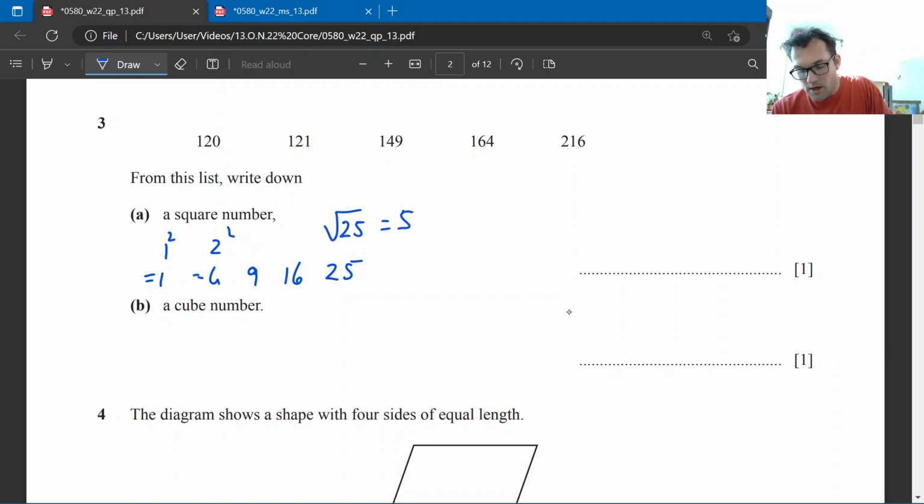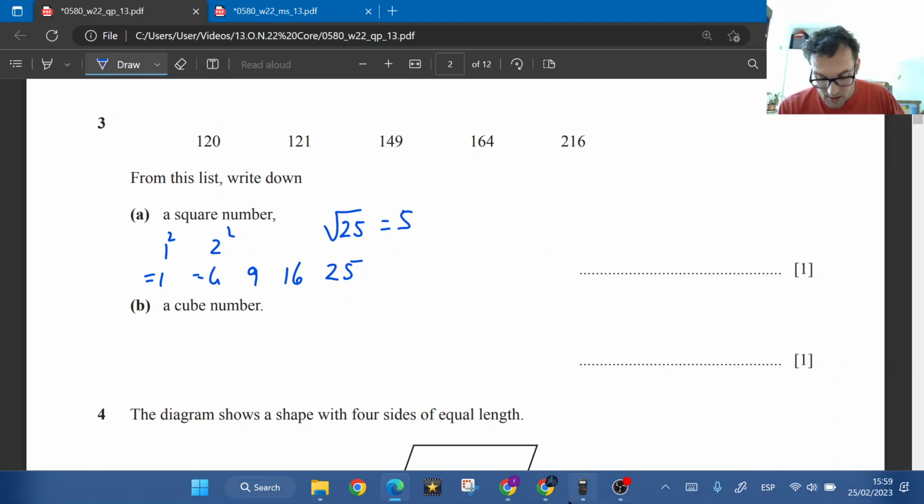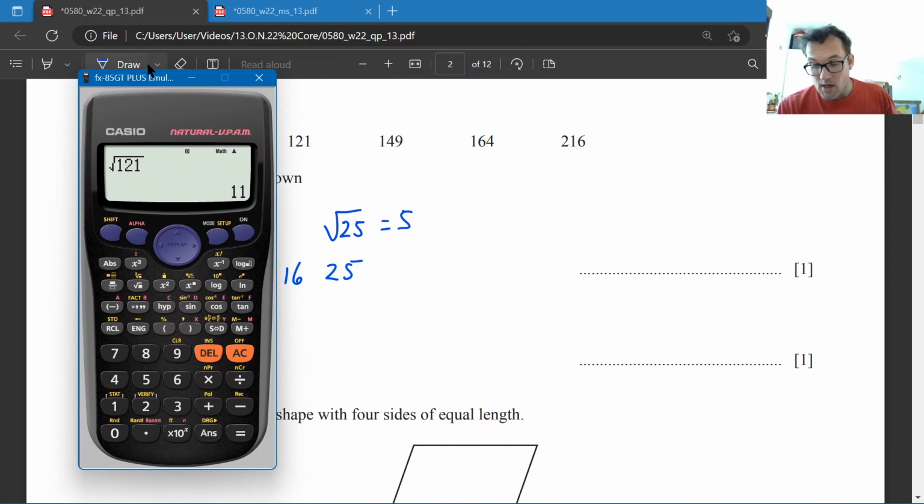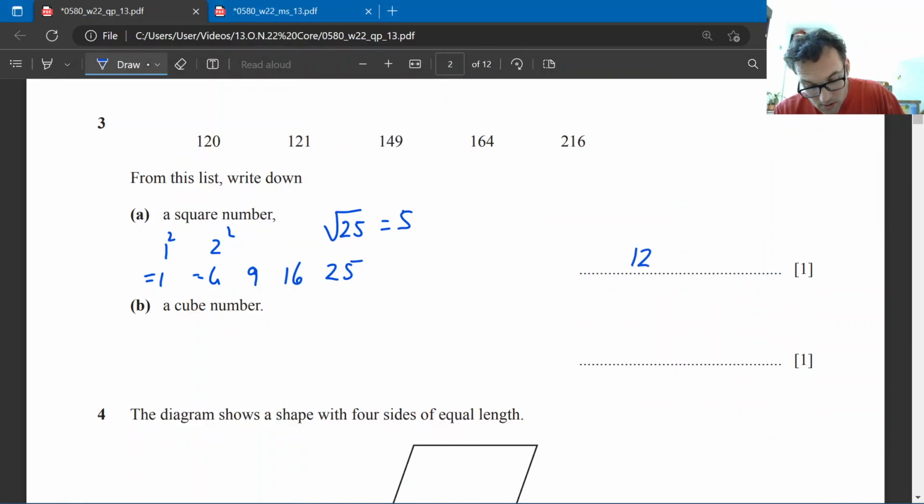So if we square root those numbers and it doesn't give us a whole number, they're not square numbers. For example, square root of 120 is not a square number because that gives us 10.95. Square root of 121, for example, is a square number because 11 squared is 121. So the square number is not 11, it's 121. Is there more? No, that's the only one.